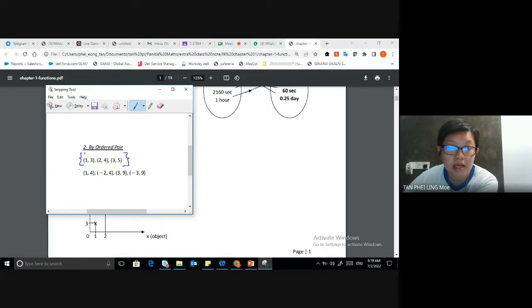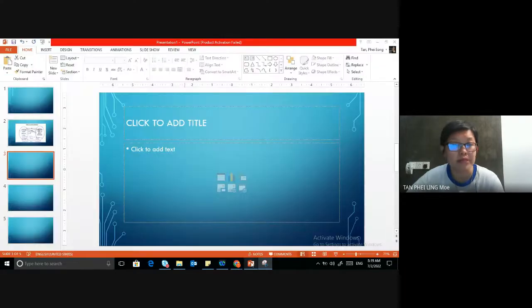We write curly brackets to show that they are in one set. Remember, curly brackets are only used in set form. Sometimes when you're asked to give range, you also use curly brackets. So that is about curly brackets for ordered pairs.